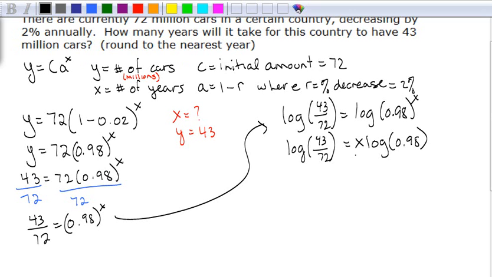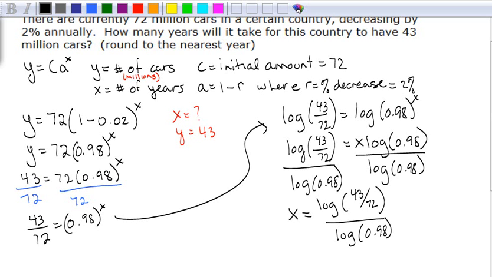Finally, I'm going to divide both sides by log of 0.98, to get that x is equal to, which if we plug that in on our calculator, is approximately 25.514699, and they ask you to round it to the nearest year. So to the nearest year, it would be 26, because the 0.5 rounds up, it's a little closer to 26 than it is to 25.